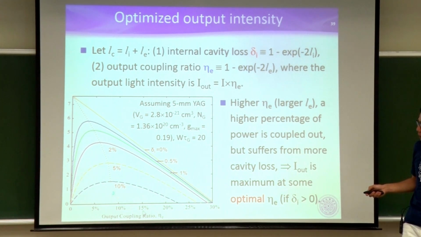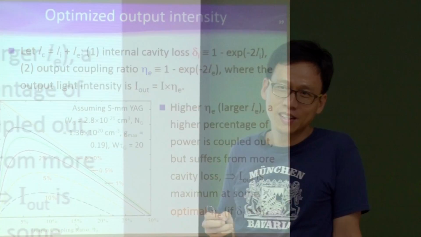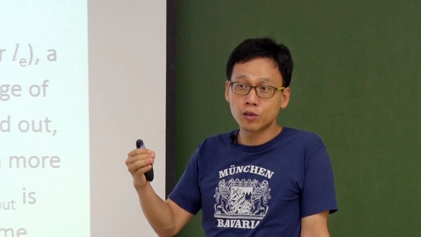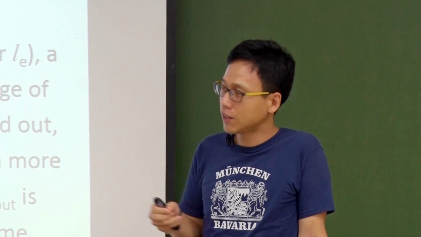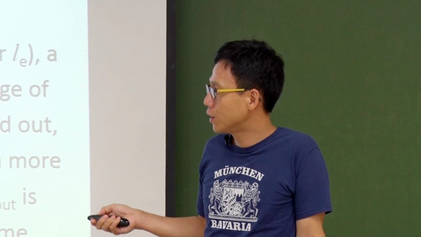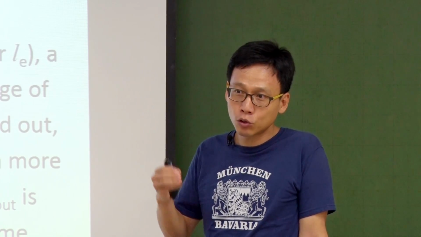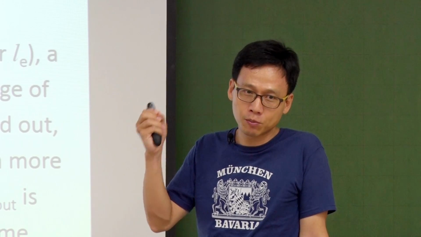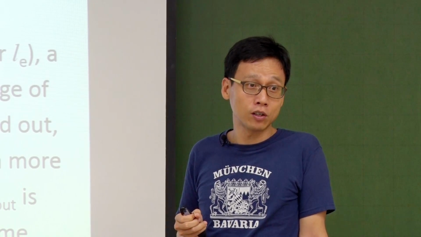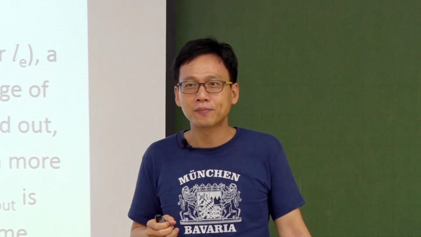Simultaneously, the optimal output coupling ratio roughly follows this red dotted curve, smaller and smaller. So that means your partial reflector has to be less and less transmissive. The reflectivity has to be larger and larger if you have a smaller intracavity loss, internal cavity loss. Okay?